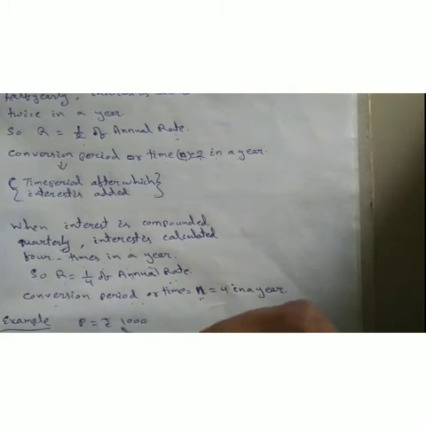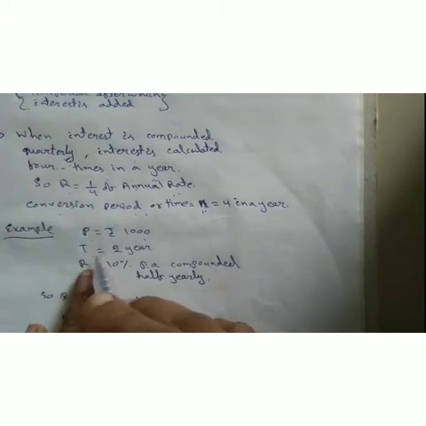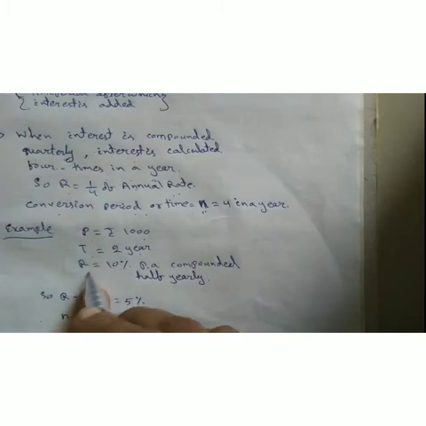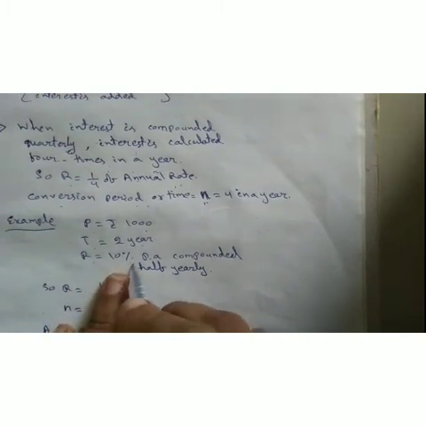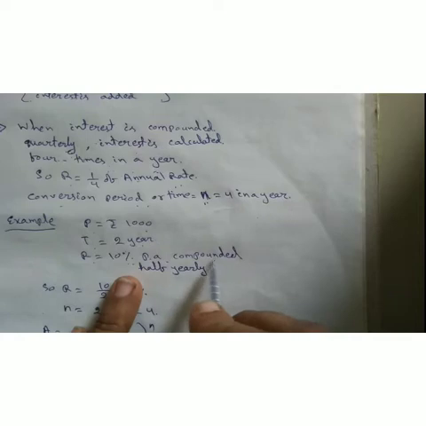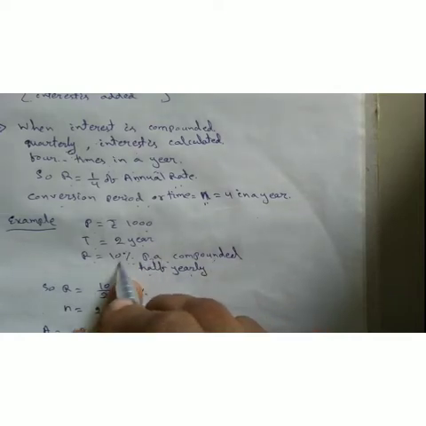Here I will give one example. Suppose the principal is 1000, the time period is 2 years, meaning it is borrowed for 2 years. The rate of interest is 10% per annum compounded half yearly.